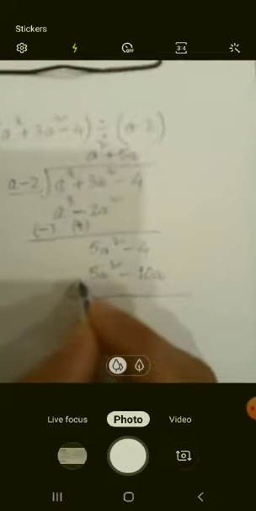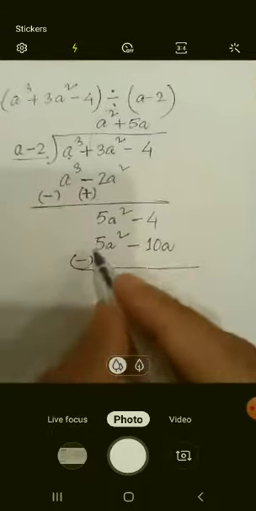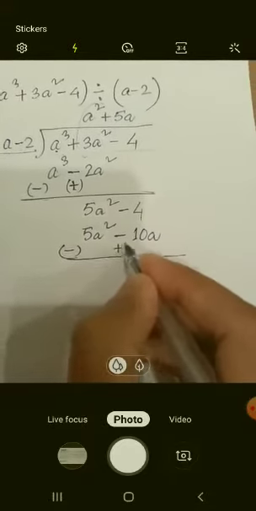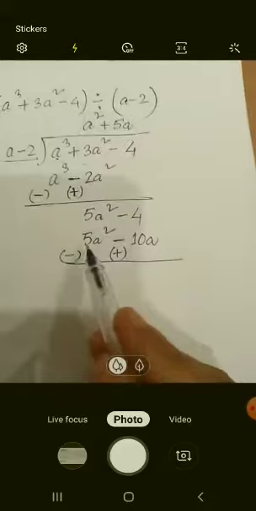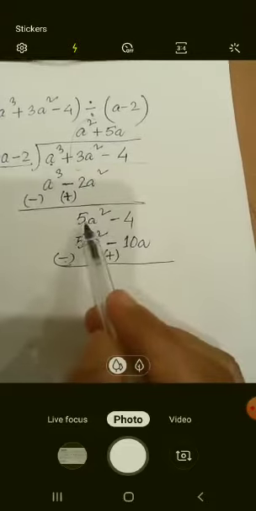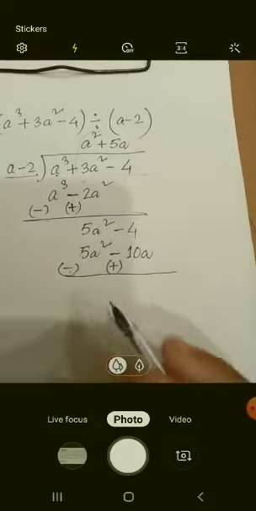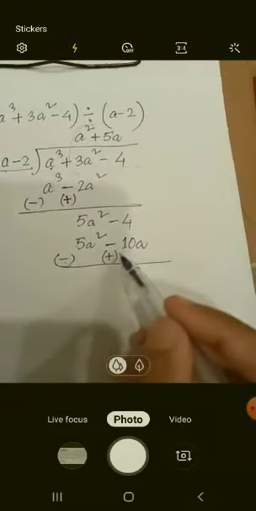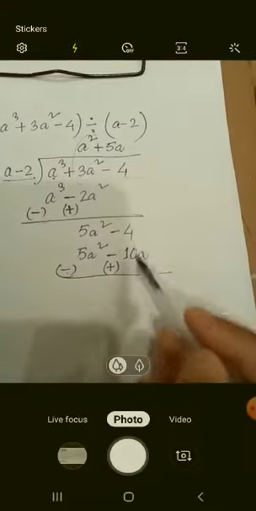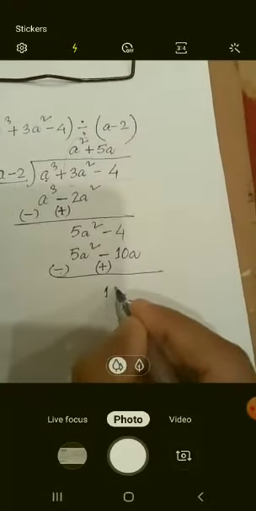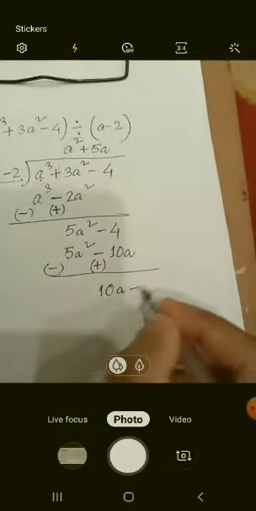Now again we have to change the signs. There is no sign, that means there is plus, so we write minus here, and in front of 10a there is a minus sign, so we write plus here. Now if we subtract 5a square from 5a square, there will be nothing. And here we write 10a only and minus 4 only.